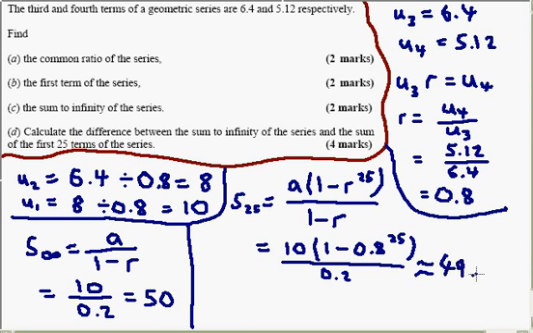It goes on for longer, and I'd recommend that you write down the full calculator display when you're doing this, but I'm just going to put it to 2 decimal places here, so that when we do the difference to answer the question, the difference between the sum to infinity and the sum of the first 25 terms, that's 50 take away 49.81, which is 0.19.